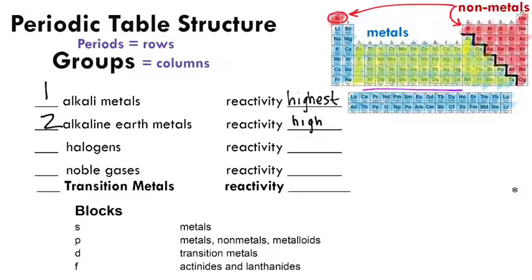Then we have these F block elements that are called inner transition metals, but they're still sort of transition metals when it comes down to it. We're not going to do a whole lot with that F block, especially in this unit. These are mainly the elements in column 3 through 12, which is that D block. Then remember that this goes all the way over to that staircase technically.